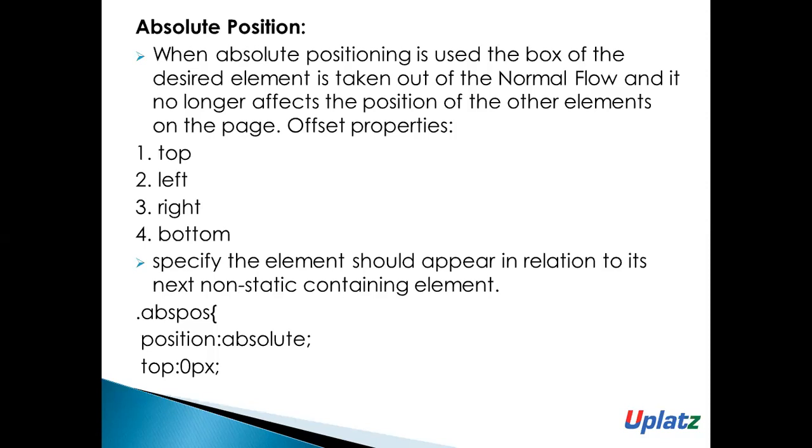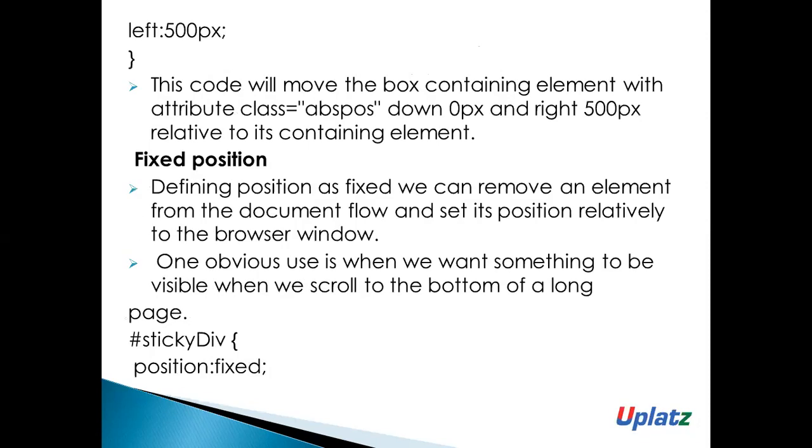You can also specify the element to appear in relation to its nearest non-static containing element. So .abs position absolute, top is 0px and left is 500px. This code will move the box containing the element with class abs, down 0px and right 500px relative to its containing element.